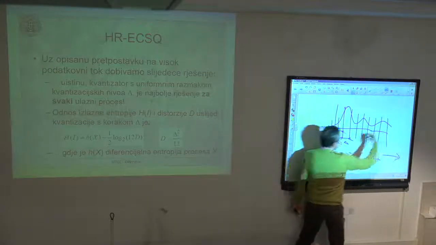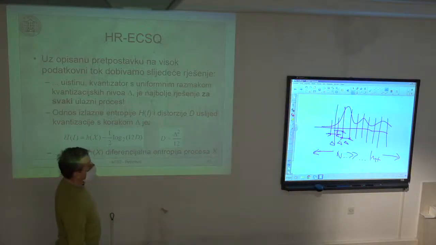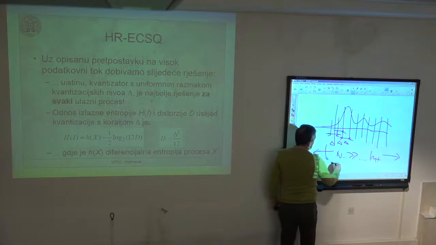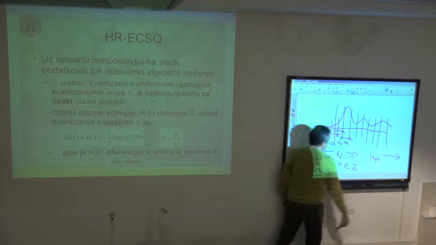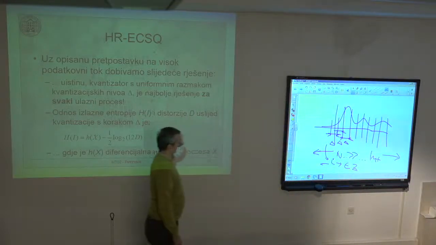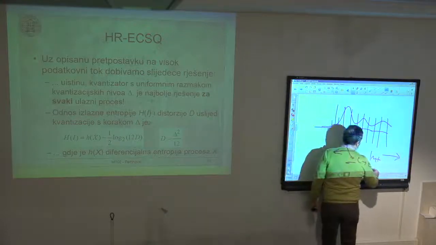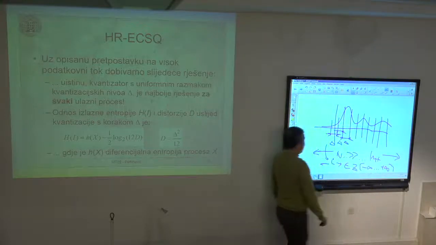So the domain of the signal, or the codomain, the value of the signal is unlimited. All real numbers are possible output values for the signal. And what I get after quantization, I get index I. And this index I is element of Z, integer numbers. Okay, so this Z also goes from minus infinity to plus infinity, but I have integer numbers.